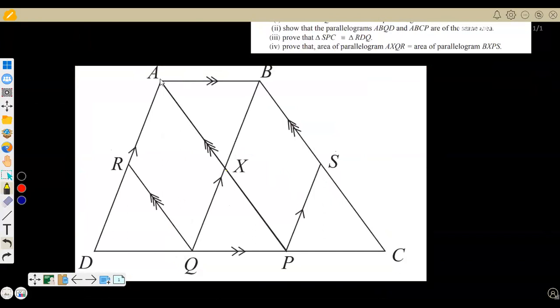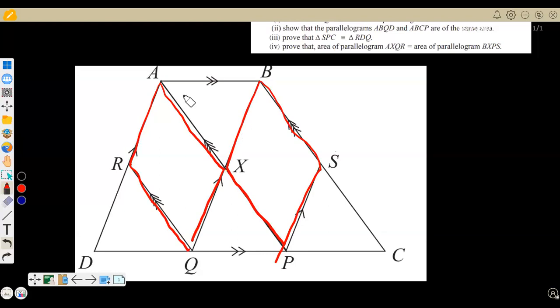AXQR. මෙන්න මේ කියන parallelogram එක. equal to the area of BXPS. BXPS කියන parallelogram එකට equal කියන්න තියෙනවා. හරිද? දැන් බලන්න පුතේ අපි දැනටමත් දන්නේ කවුද equal කියලා?